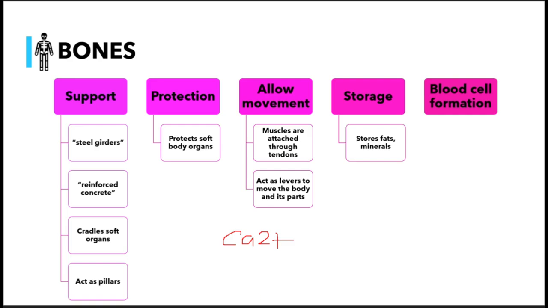So imagine if calcium is not stored properly, those three minimum functions of calcium in the body won't happen. So the normal range of blood calcium level is 8.6 to 10.3 milligram per deciliter. That is according to the UCLA, or University of California, Los Angeles.